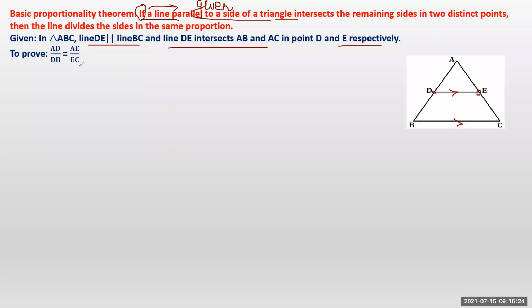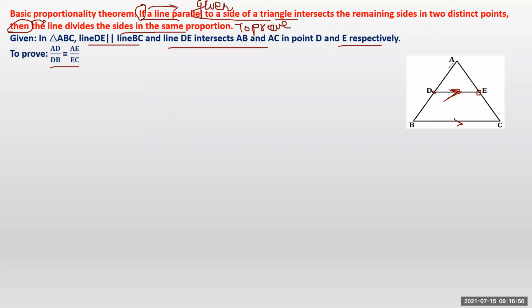Next is to prove. Whatever comes after then is to prove. Listen, whatever is going to come after then, that is what you have to prove. To prove: the line divides the sides in the same proportion.